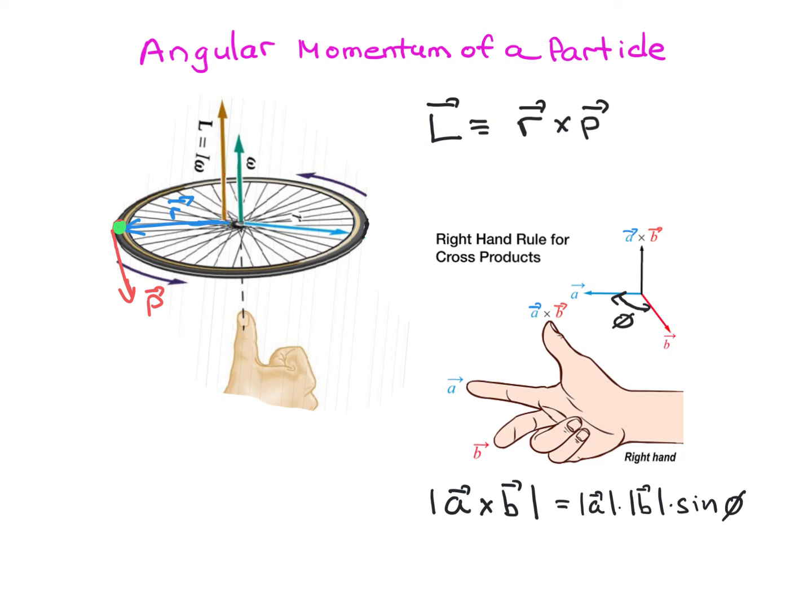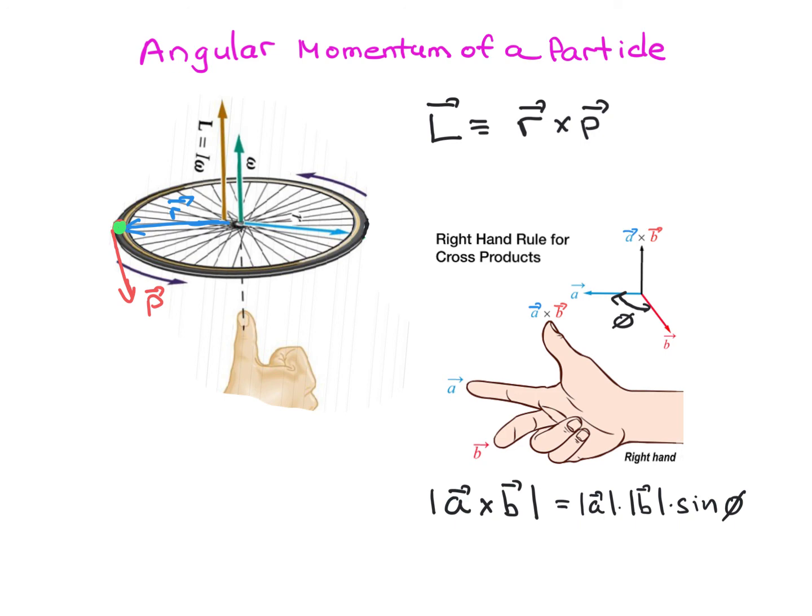And that's good news, because if you consider all the points that make up the bike wheel, each one of those points is going to contribute an angular momentum that points upward along the bike wheel. And so when you sum them all up to get the angular momentum of the entire spinning bike wheel, you're going to get an angular momentum that points up as shown.